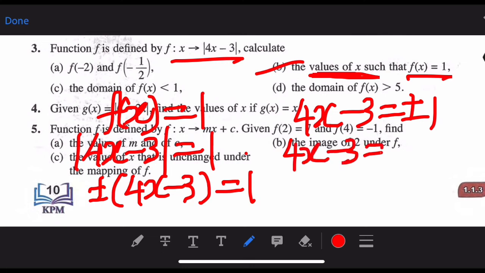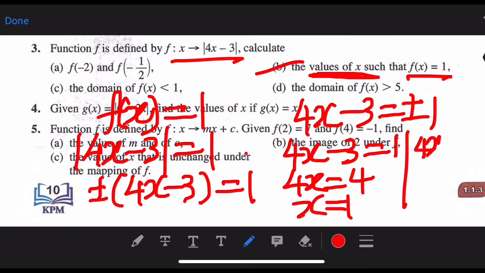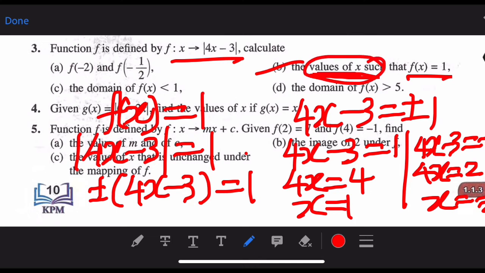So you split into two equations. One is positive, you get 4x equal to 4, so x equal to 1, and the other one will be -1. So 4x equal to -1 plus 3 will be 2, so x equal to 1 over 2. So you will have two answers, 1 and 0.5. Two values of x. Settle?